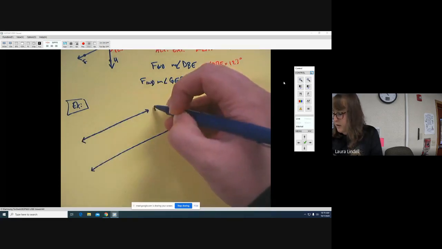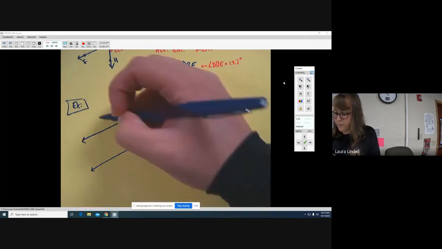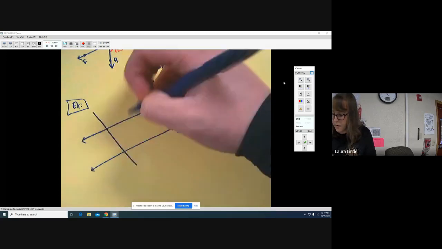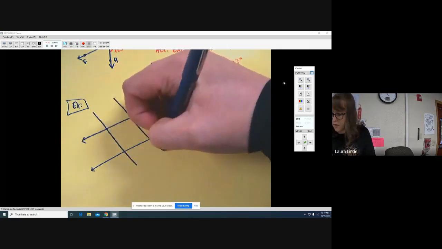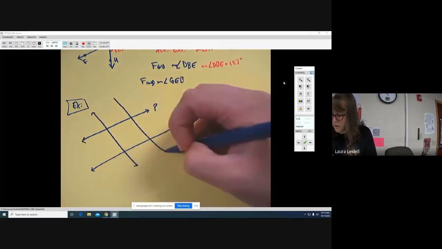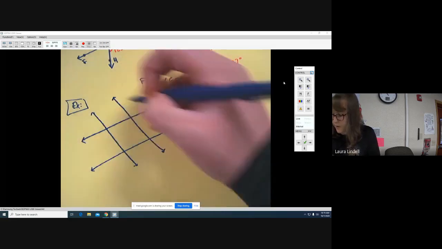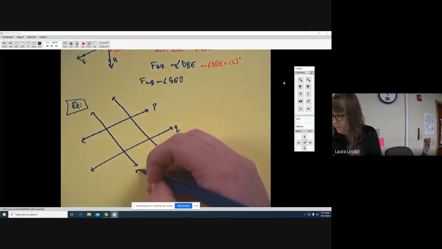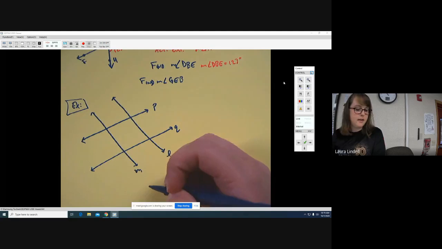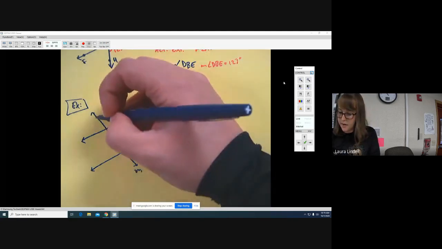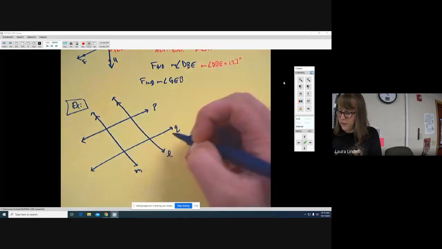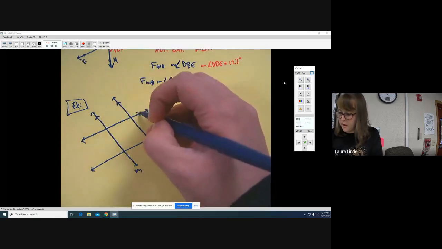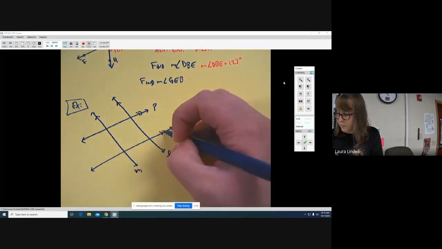We have two lines, P and Q, and L and M. And the interesting thing in this picture is that L and M are parallel, and P and Q are also parallel.